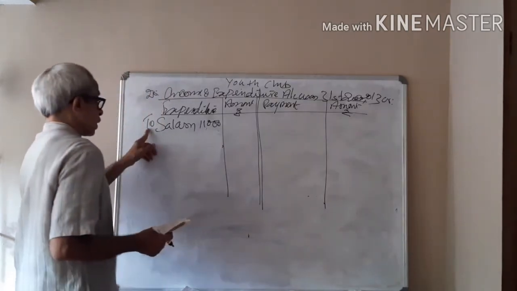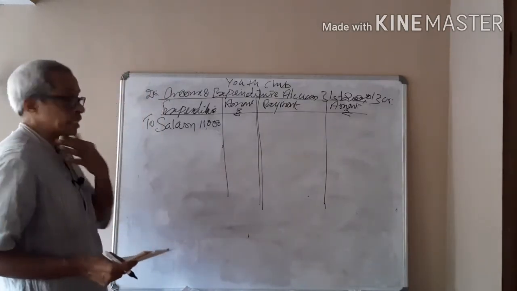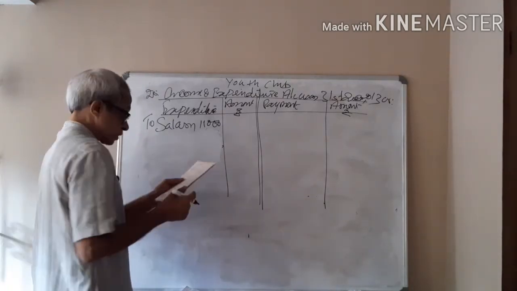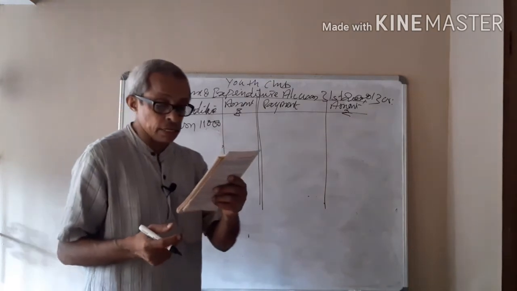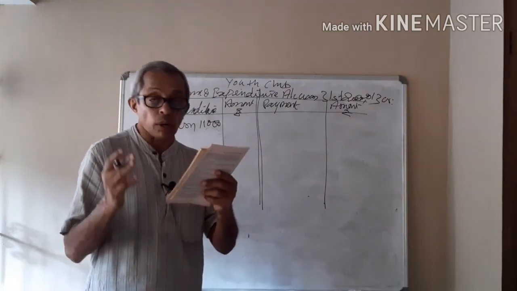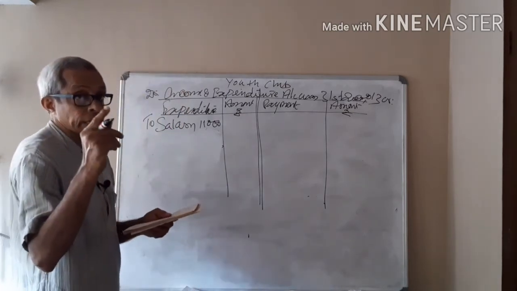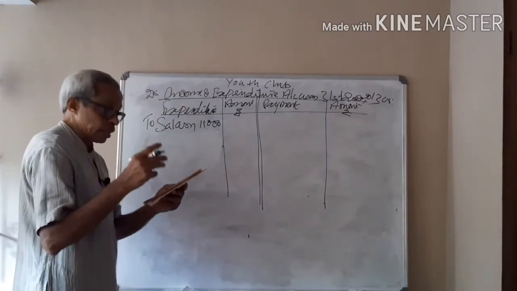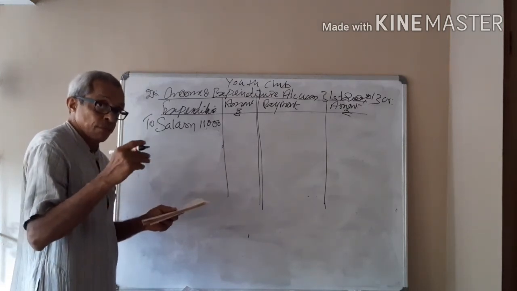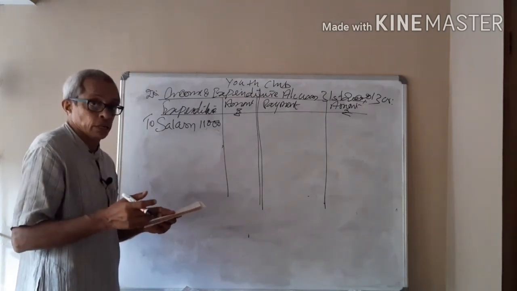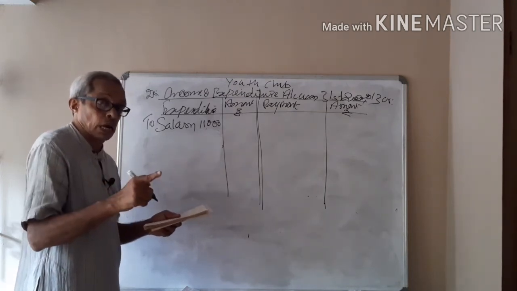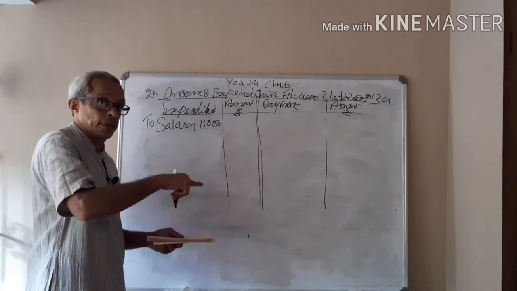First item is salary, that is 11,000, and the first adjustment with regard to salary is salary outstanding on opening date is 1,000. As nothing is mentioned with regard to that, we assume the total amount has been paid during the current year, but that does not belong to current year, that belongs to previous year.